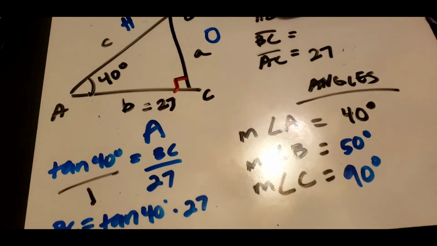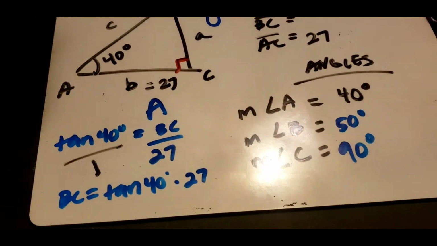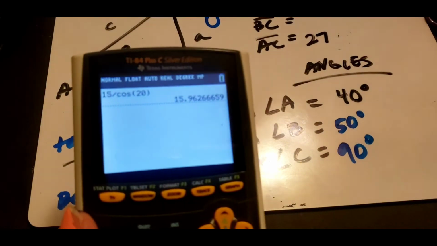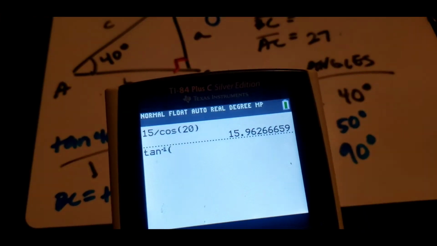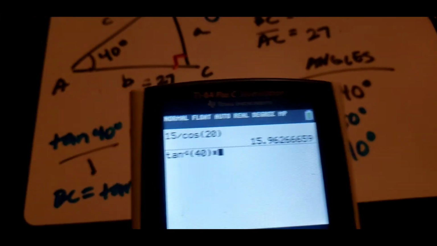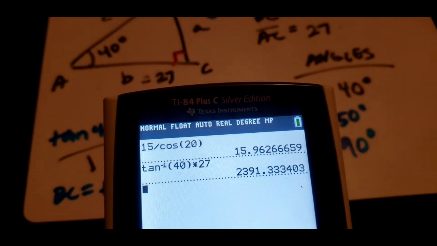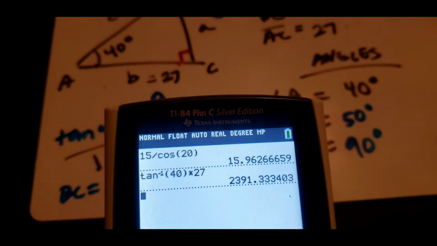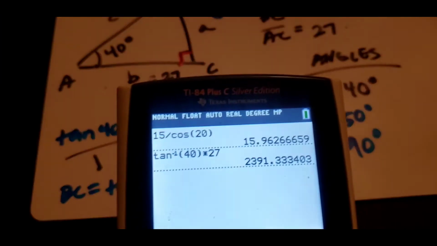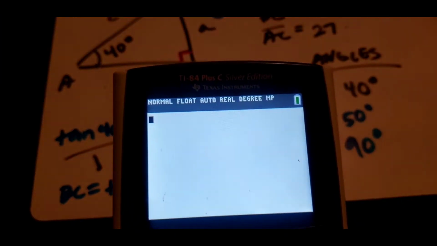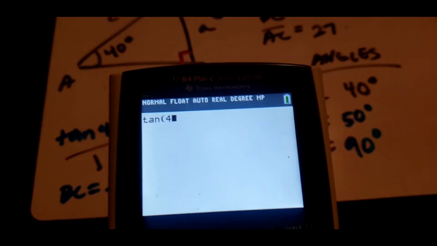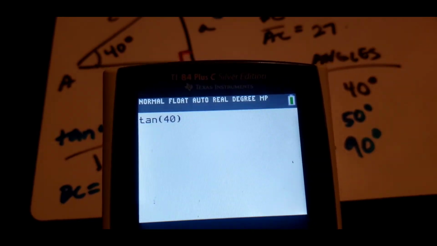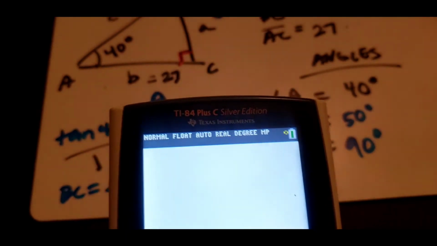And again, I will put this in the calculator. So tangent of 40 times 27. I did something wrong. Can you tell? I used inverse and I didn't notice until after. Okay. Tangent of 40 times 27.